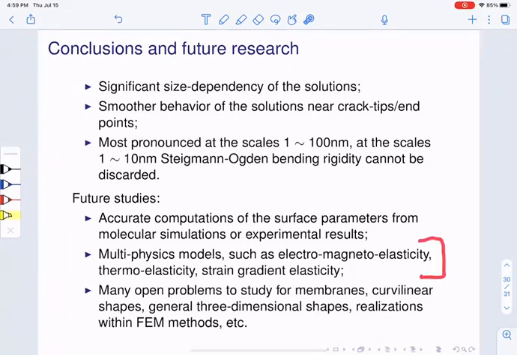Currently, there is a big interest in multi-physics models, such as electromagnetic elasticity, and some results exist in this area already, but those are more difficult problems. And of course, there are many different types of problems. Outside of straight and circular geometry, there are almost no publications in this area.